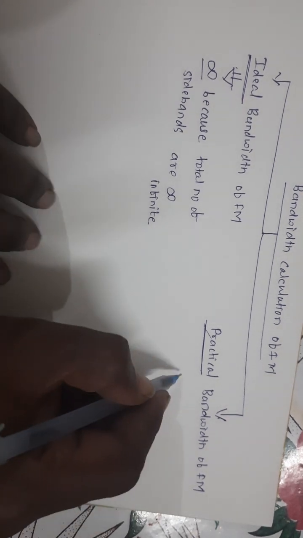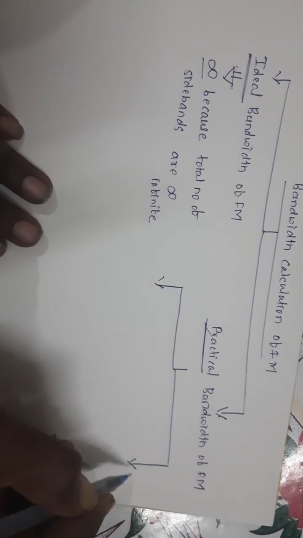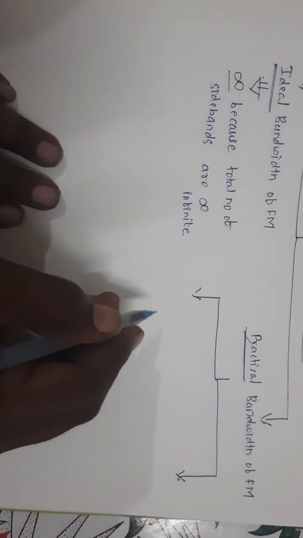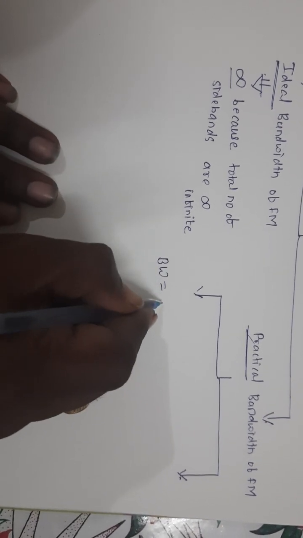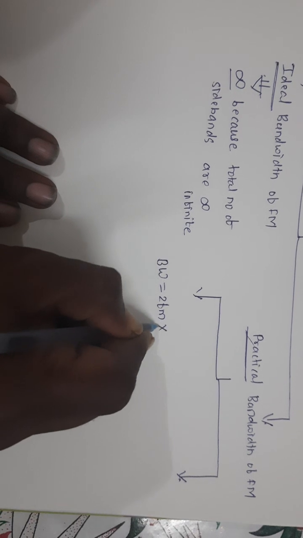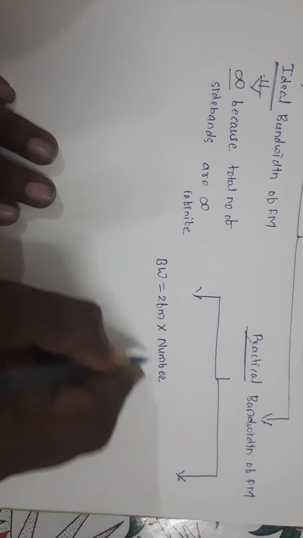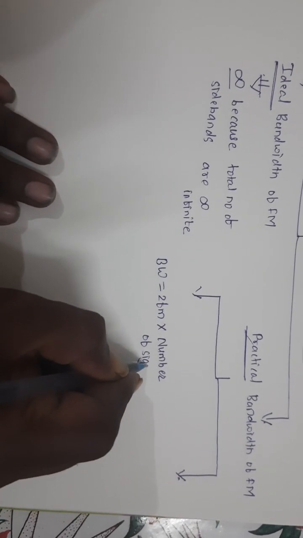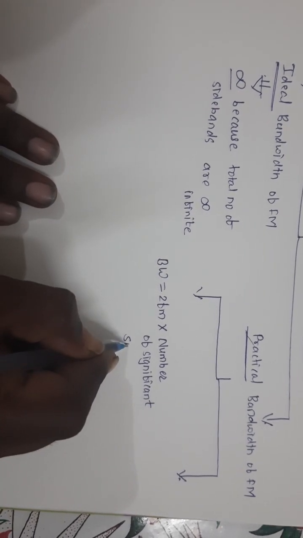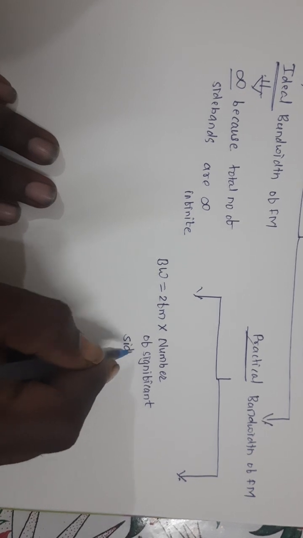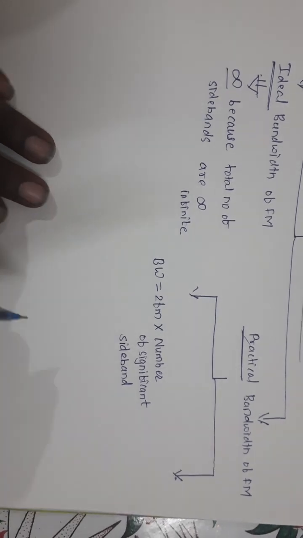So there are two methods to calculate the practical bandwidth of FM. The first method is bandwidth equal to twice FM multiplied by the number of significant sidebands, or the number of sidebands having significant amplitude.